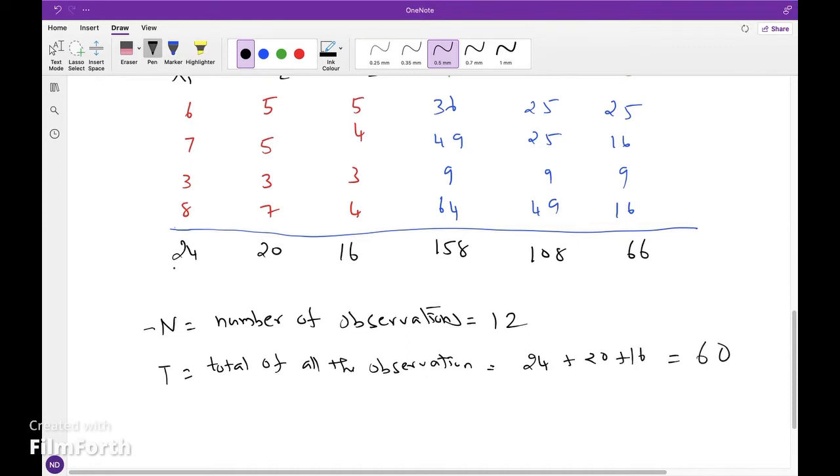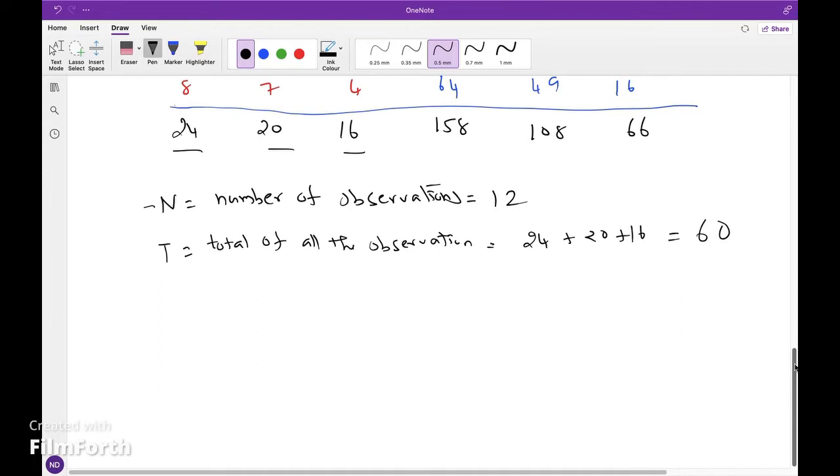This 24, 20, 16. Then find the correction factor, T squared by n, that is equal to 60 squared by n, 12. Use a calculator, we can get 300.